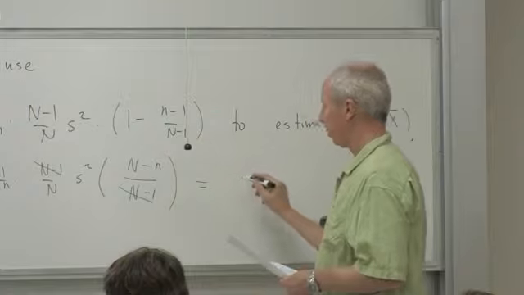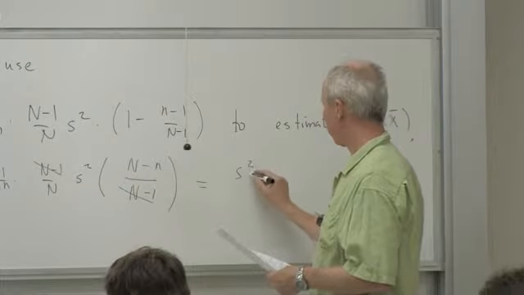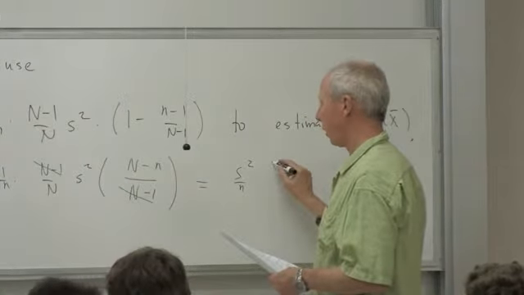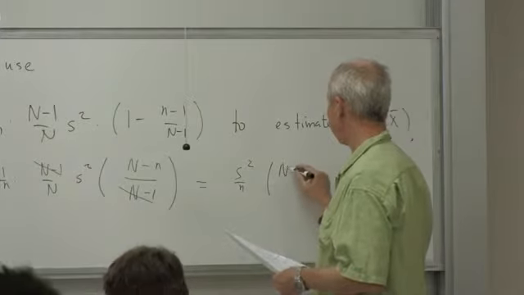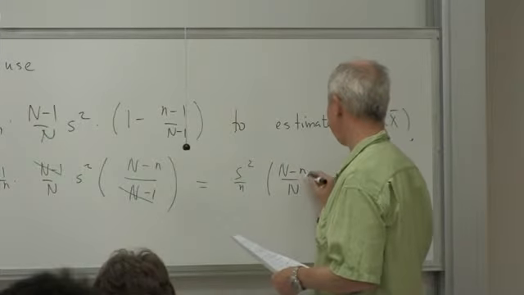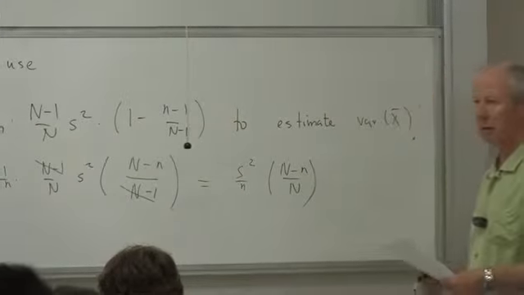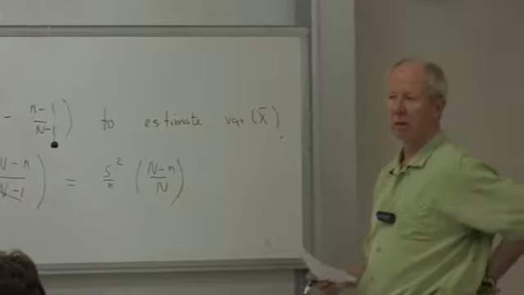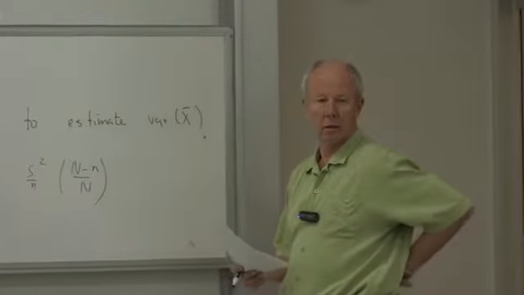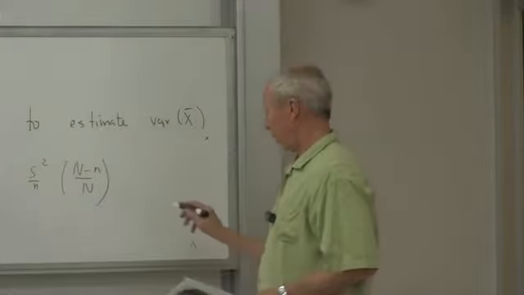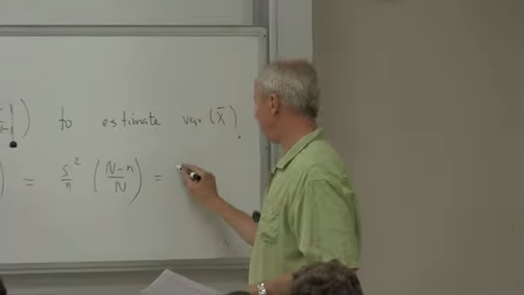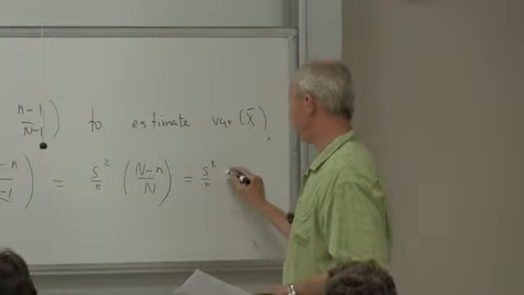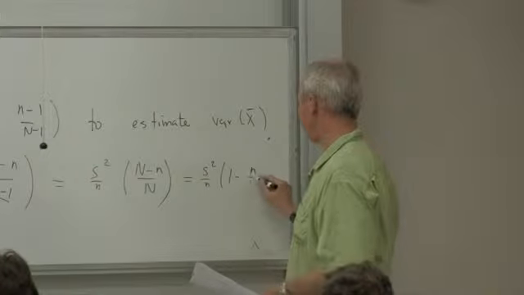And so we get, maybe I can write it this way, s squared over n times capital N minus little n over capital N. So far so good? And maybe one more simplification, s squared over little n, 1 minus little n over capital N.